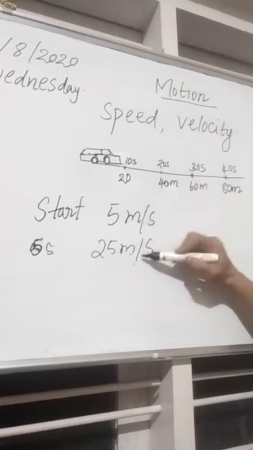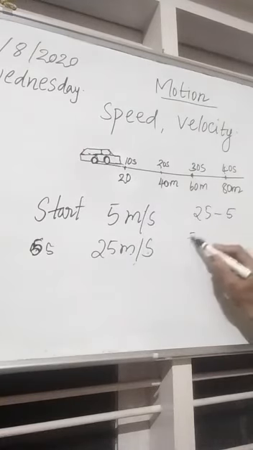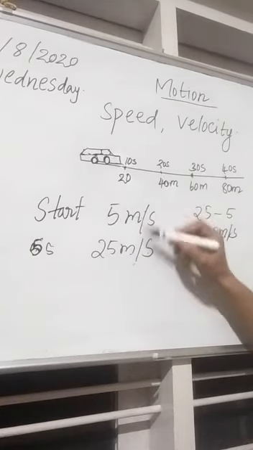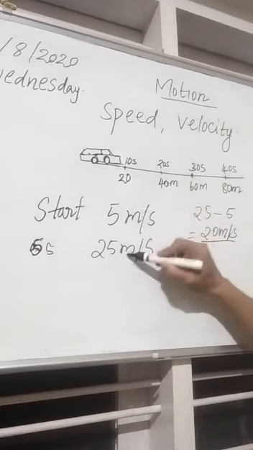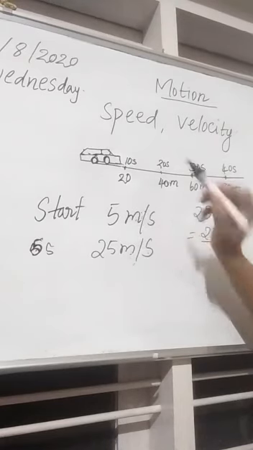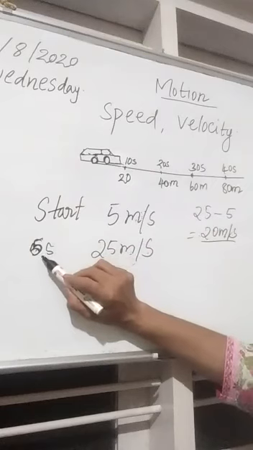The difference between these two velocities is 25 minus 5, isn't it? That is 20 meter per second. So this difference between these two speeds is divided by the time taken to attain this speed. From the starting 5 meter per second to attain 25 meter per second, you took 5 seconds, right?